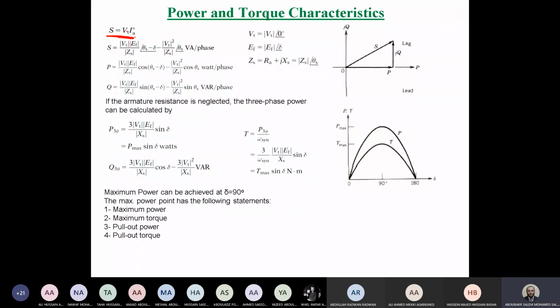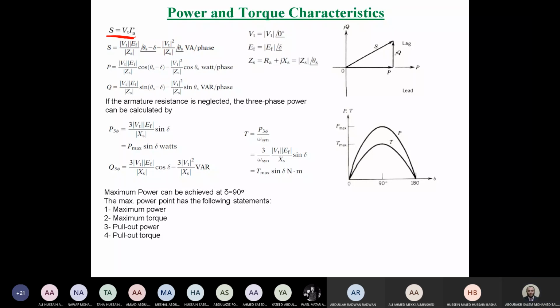V is the terminal voltage of the generator. I is the current of the armature. Here we need to calculate the value of S in terms of EMF. How can we get EMF?